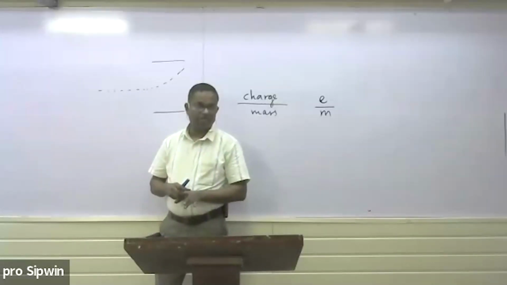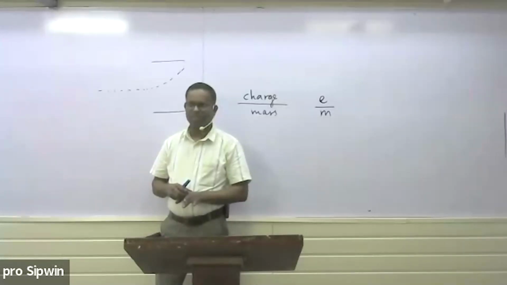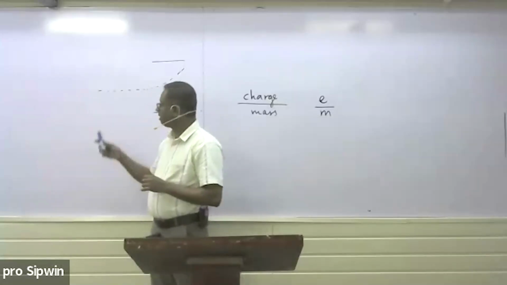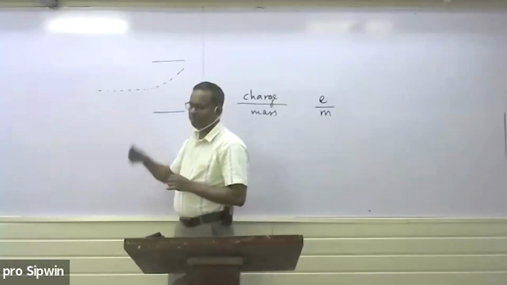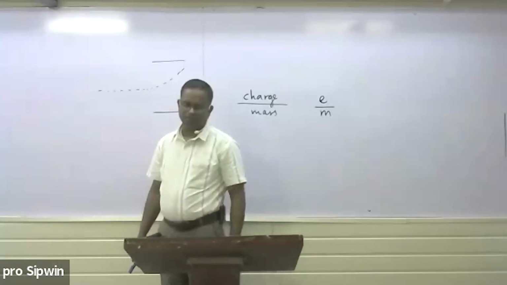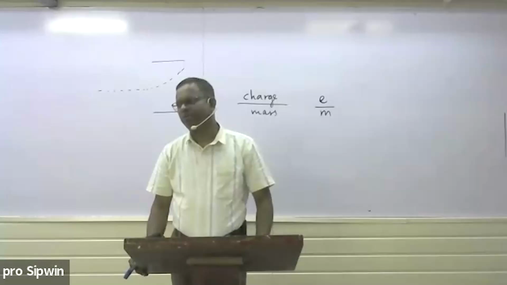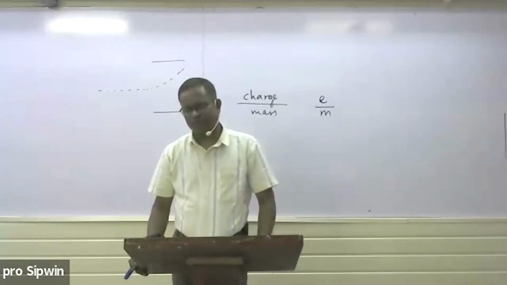Right? Don't go looking for how he found it. No need. As I told, he did that by measuring these deflections. He determined the charge over mass value of a cathode ray particle.